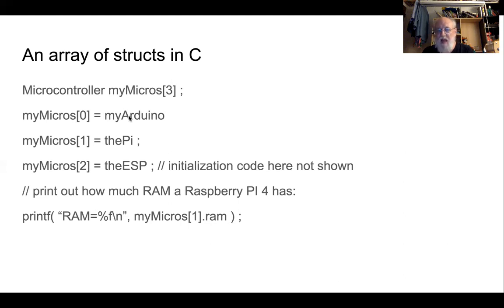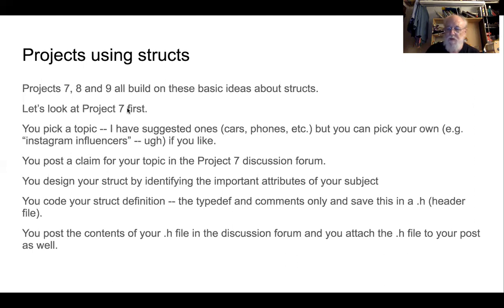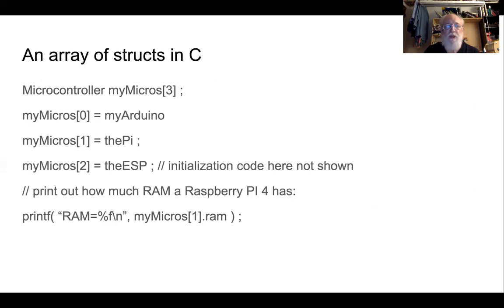That means that everything in this struct, the MyArduino struct, gets copied into this element of the array. And everything in all the members in the Pi struct get copied into this one. And all the members in that last one we glossed over, the ESP32, get copied in here.